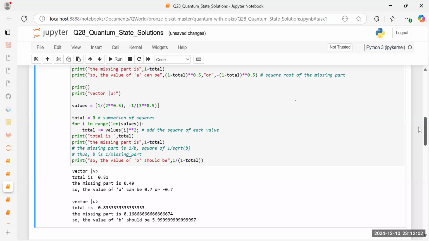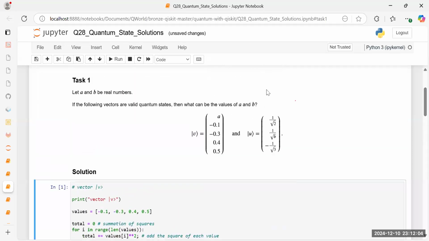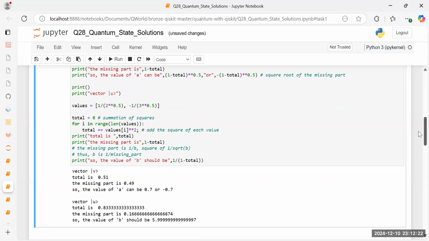Okay, 1 over 6. I didn't subtract properly. Oh, yes, I added, but I didn't subtract. Okay, that makes sense now. So yes, this is definitely 6.